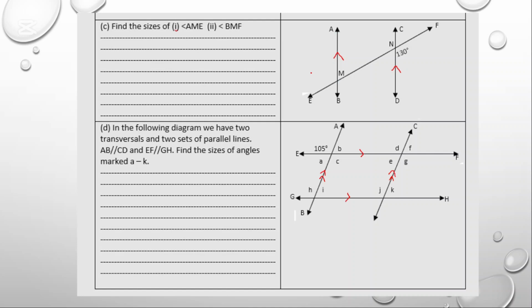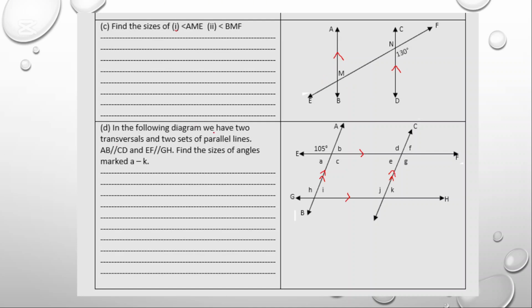If your answer is yes, then you give me the answer. And from there you move to BMF. And you decide if BMF forms a pair with that 130 or BMF forms a pair with the angle that you have calculated already, AME.